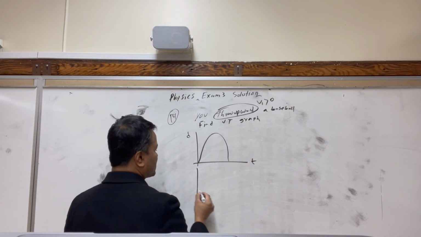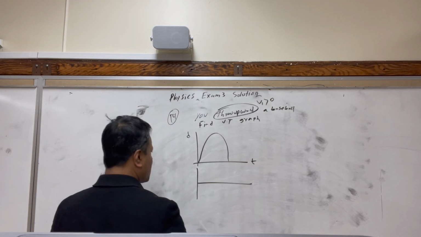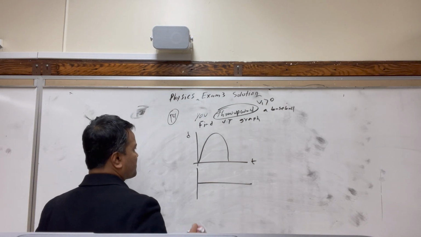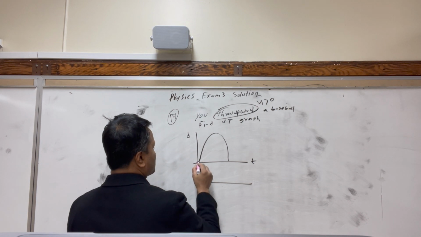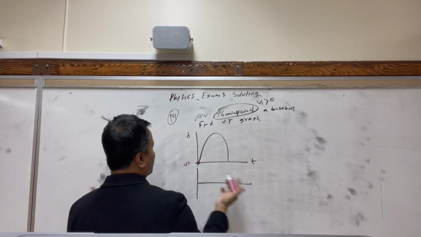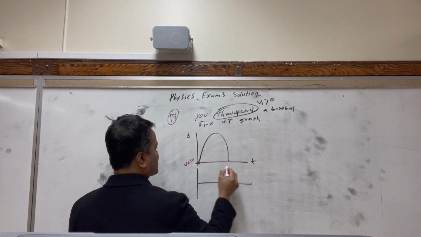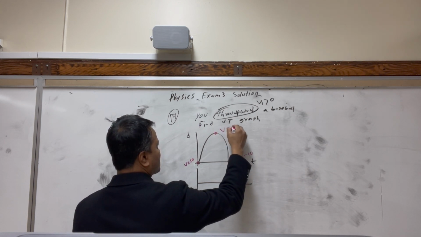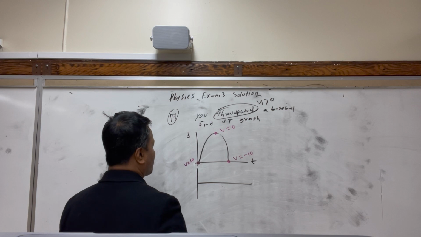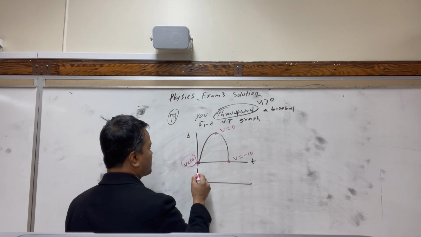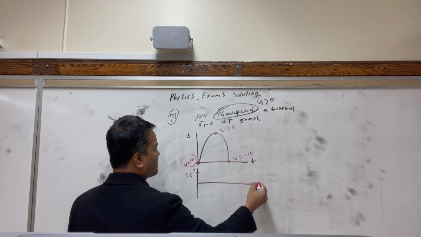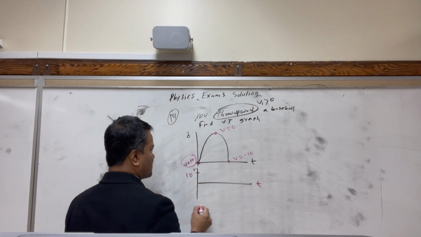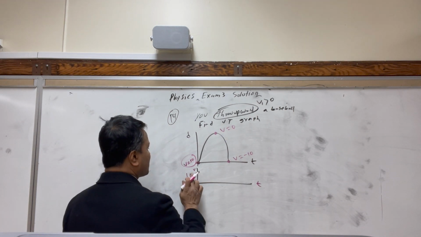Now convert it to a VT graph. Okay, so where is the velocity maximum? So velocity is maximum. So this is v. V can be, I don't know, any number. V can be 10. So v is negative 10, and this v is of course 0. So the velocity is 10 over here. So put 10. This is the VT graph, and velocity is negative 10 over here. And this doesn't have to be 10.